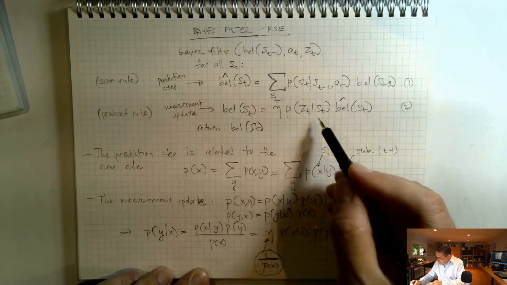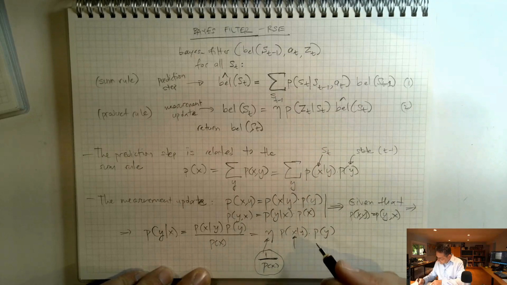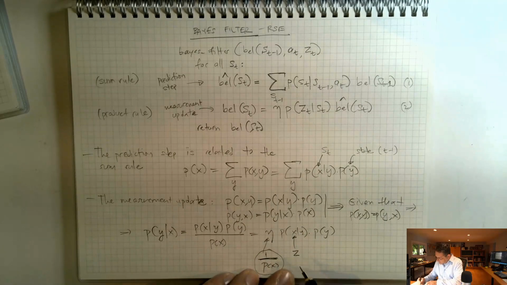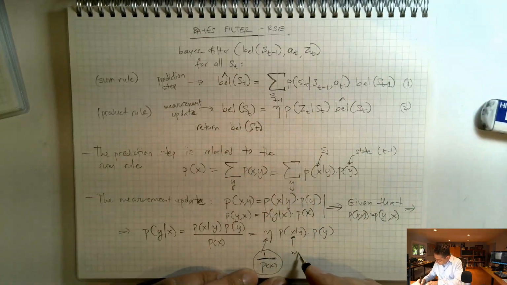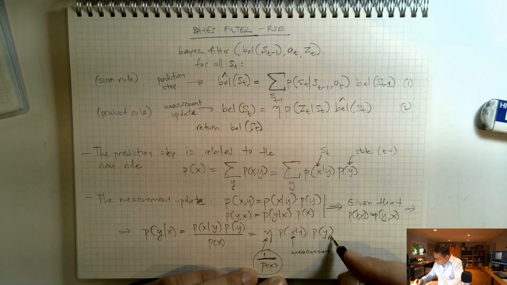So here you can see that instead of an x, in this case we have the measurement z, and instead of y, we have the state.